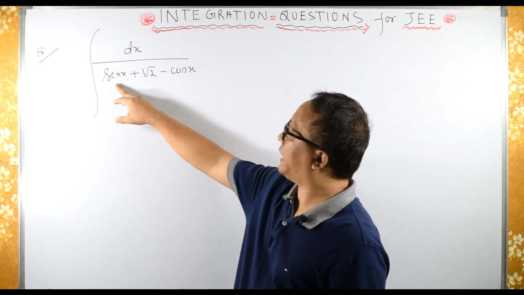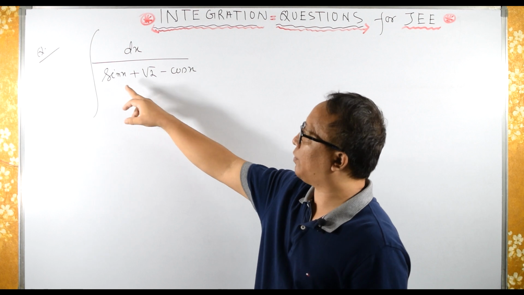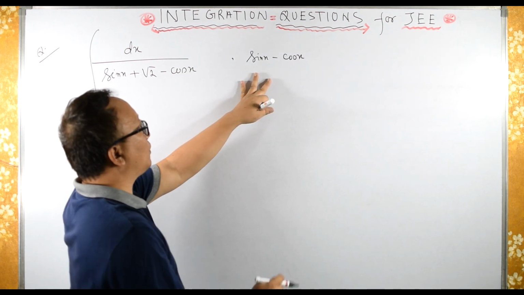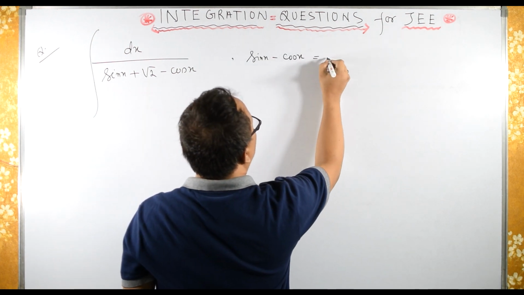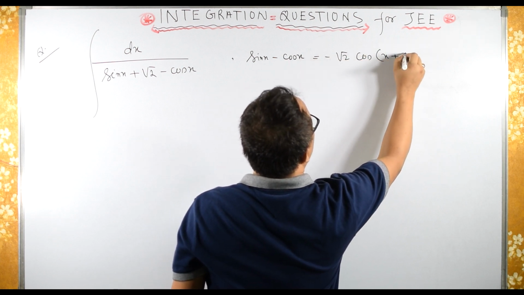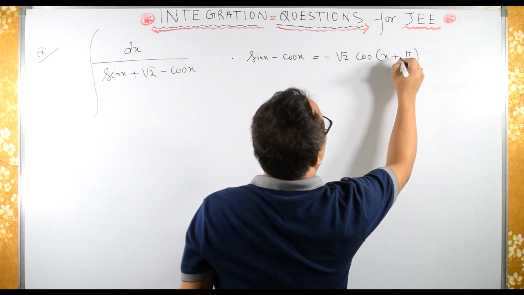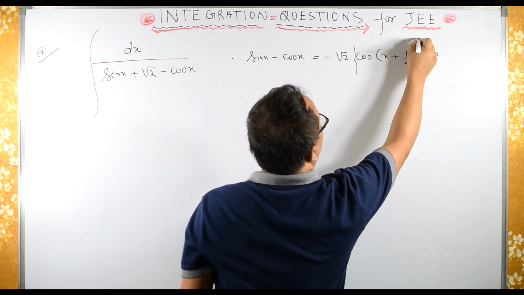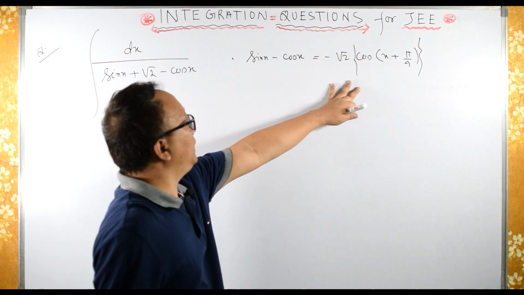Now let's consider sin x minus cos x. It is the same as minus root 2 cos of x plus pi by 4. This we know. If you expand this, you will get it.